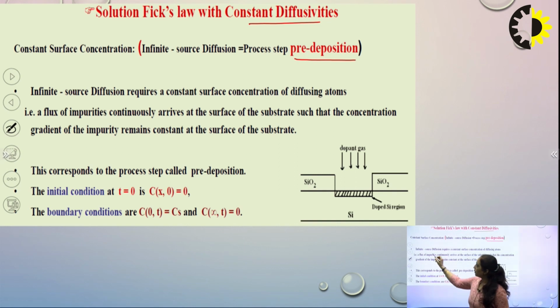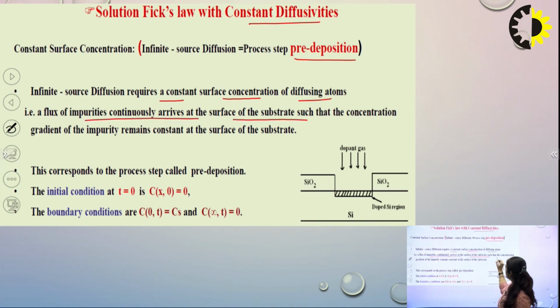In the case of infinite source diffusion, it requires a constant concentration of diffusing atoms, that is, the flux of impurities continuously arrives at the surface of the substrate such that the concentration gradient of the impurity remains constant at the surface of the substrate.